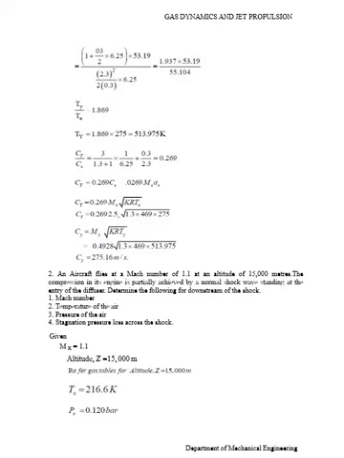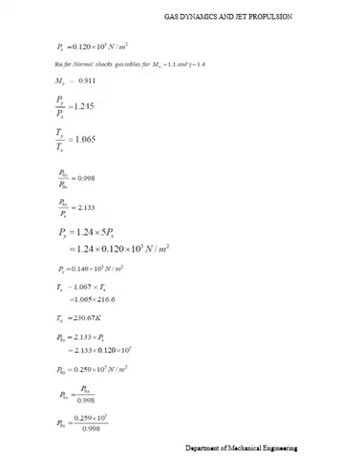In the given data, Mx equals 1.1, altitude z equals 15,000 meter. Referring to the gas table for altitude 15,000 meter, Tx equals 216.6 Kelvin, Px equals 0.12 bar, that is 0.12 into 10 power 5 Newton per meter square.